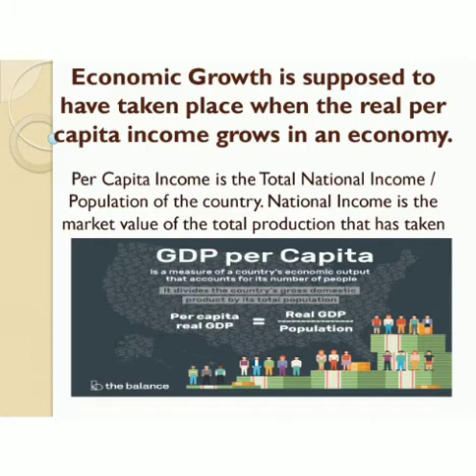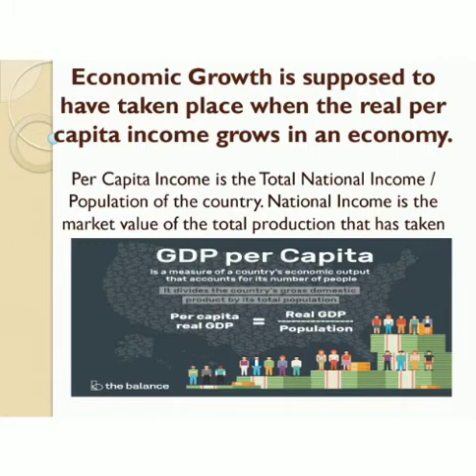Real per capita income is the total national income or the total production calculated in money terms divided by the population of the country. It means how much one person in a country is getting in terms of the goods and services that are produced. It means the amount of goods and services per person. In other words, we can also say it means income per person.